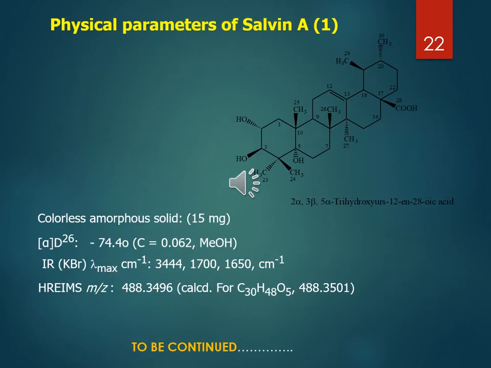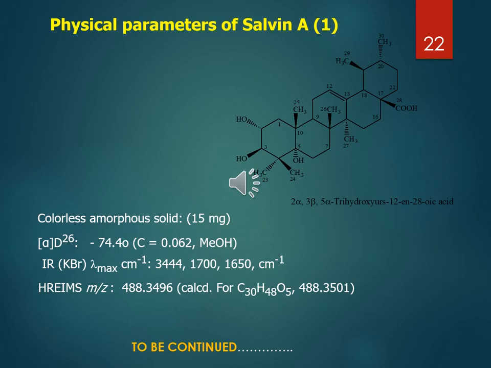After the purification, these compounds are submitted for structural elucidation and determination using spectral techniques. These spectral techniques are IR, UV, proton NMR, C13 NMR, HMBC, HMQC, NOE, COSY, and MALDI.